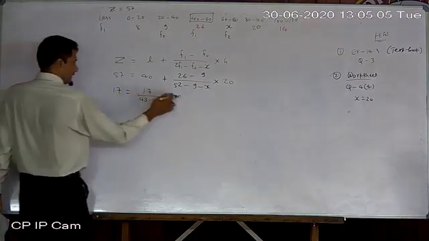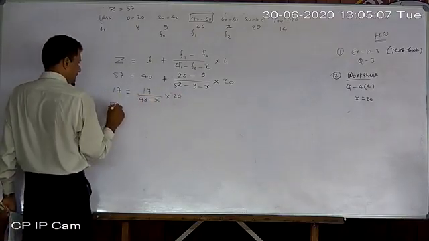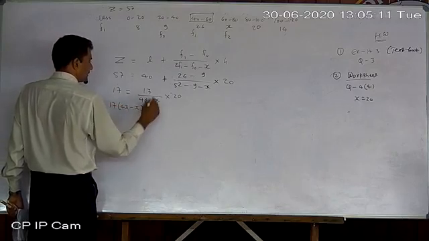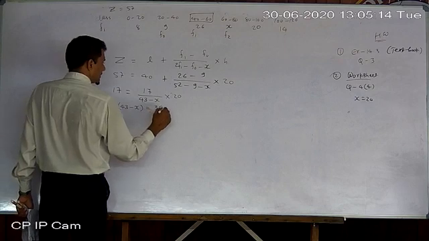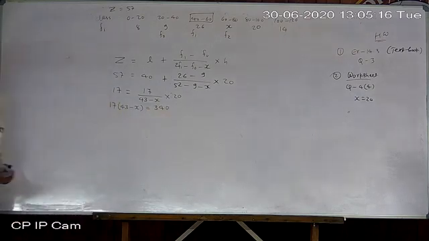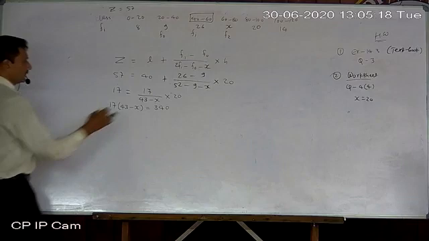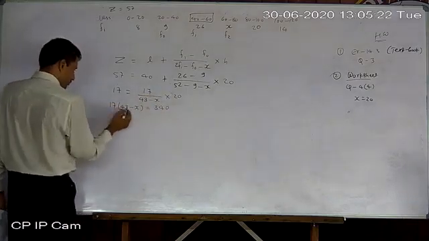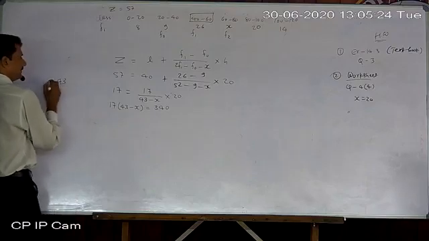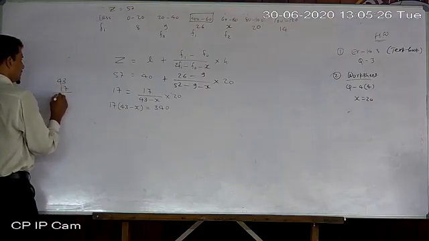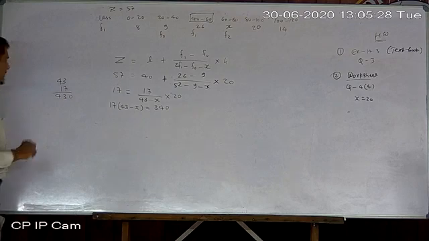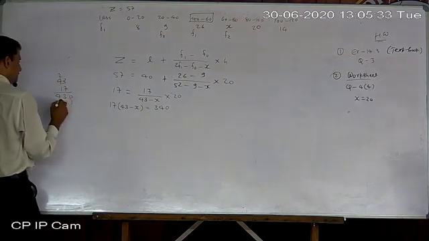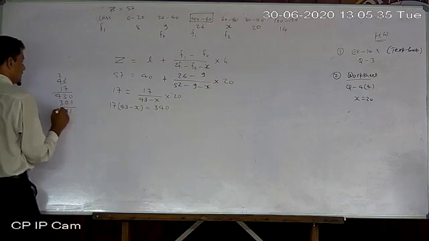Now just multiply this one and set this 17 into 43 minus X here. So 17 into 20 is 340. Now multiply it: 43 into 17, so 731.